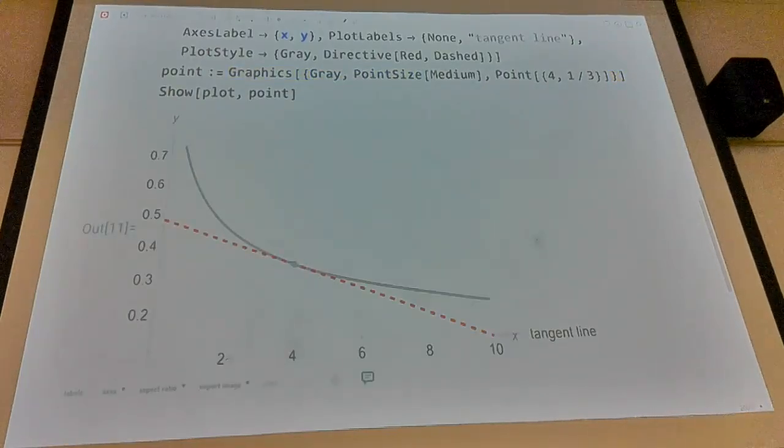And again, you have to be careful with the graphics option, because that order does matter. The options for your point have to come first, and then your point, which is kind of weird, but that's the language.